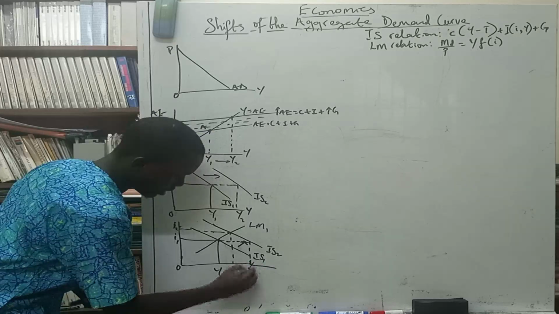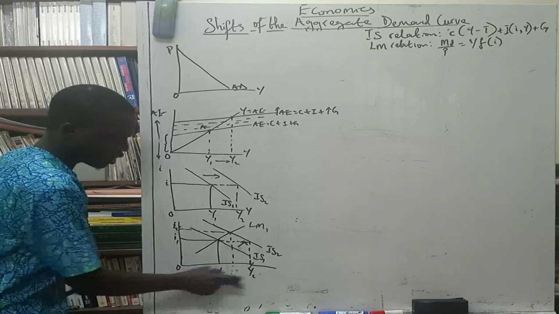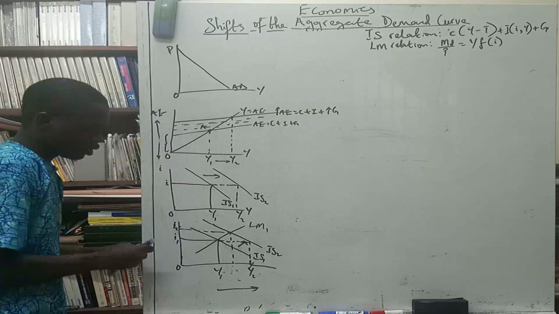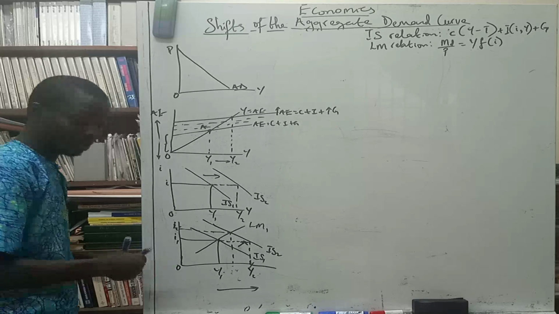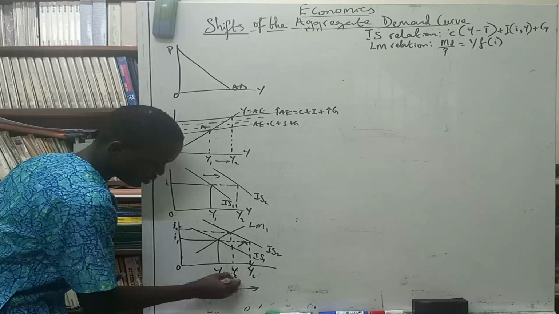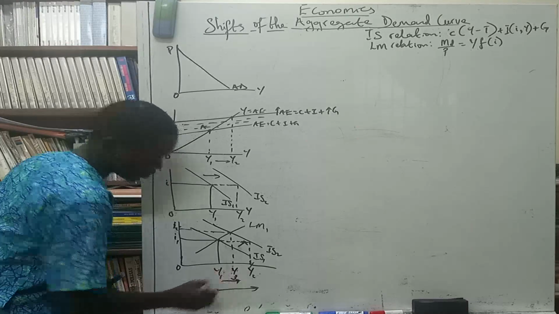This is actually Y2. We expect output to jump from Y1 to Y2, which was meant to be the total change. But because interest rate has risen and it has reduced investment, Y1 increases only to, let me call this Y3, Y3.